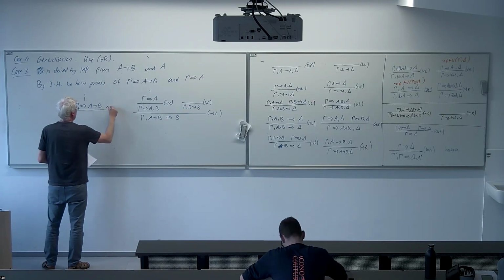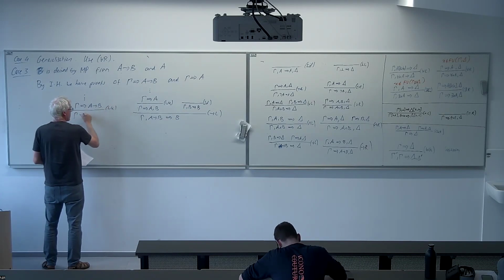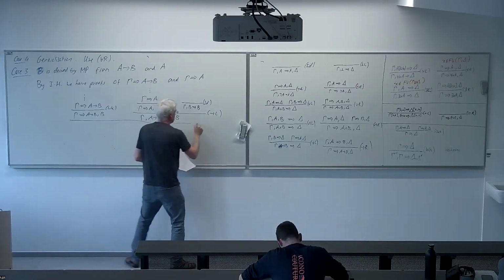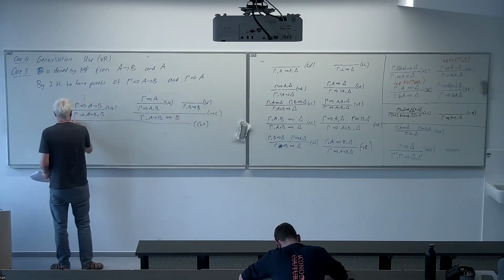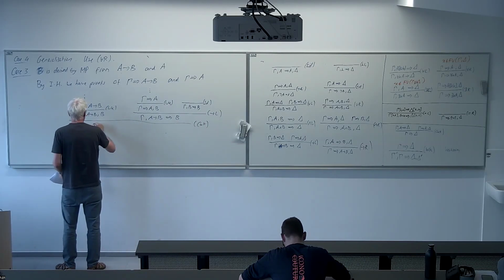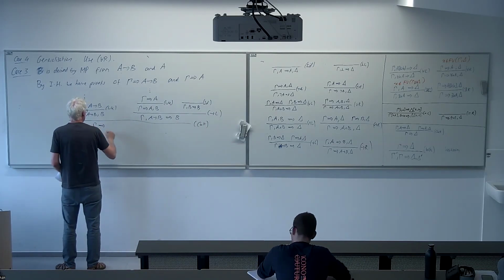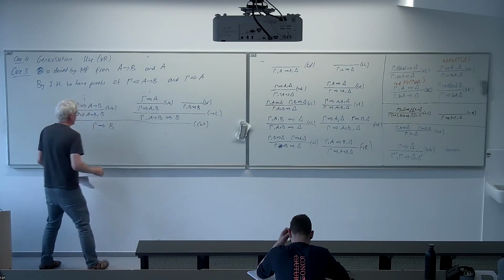We weaken that with B. Then we apply the cut rule. And we get that B follows from gamma.